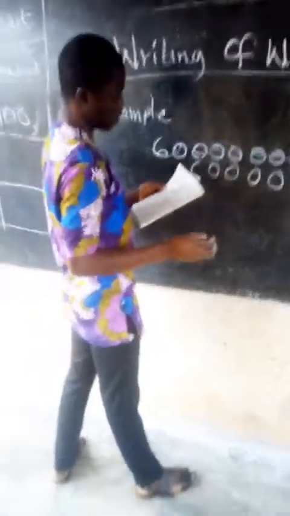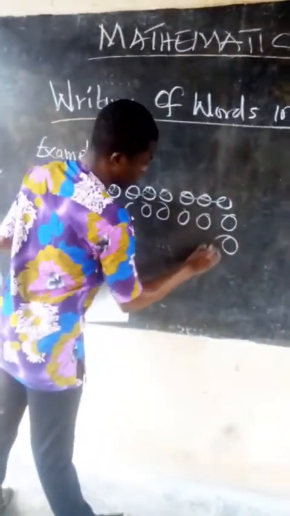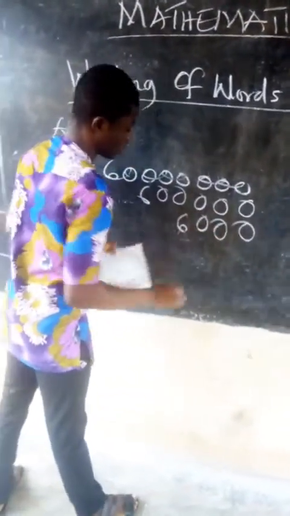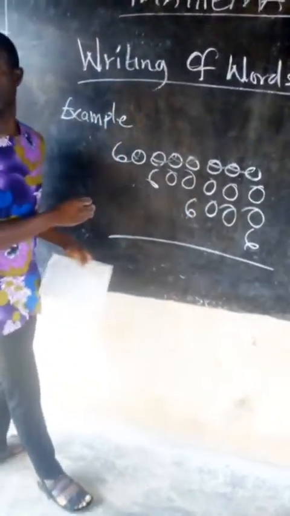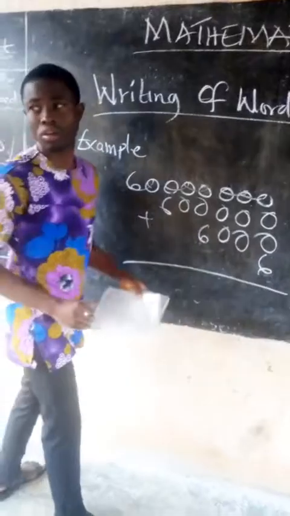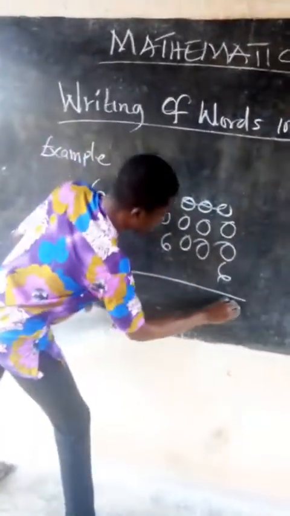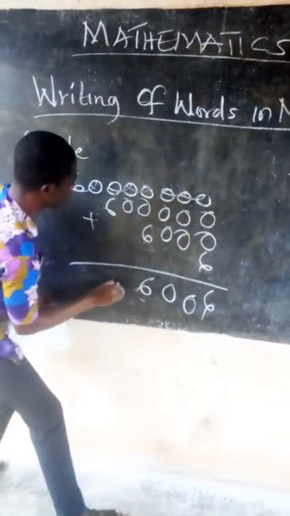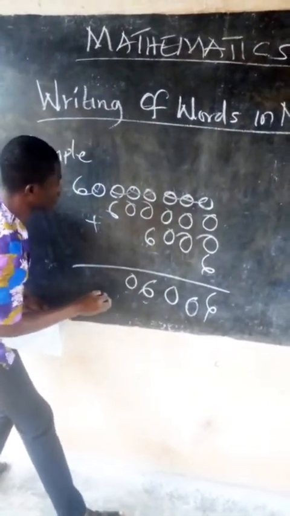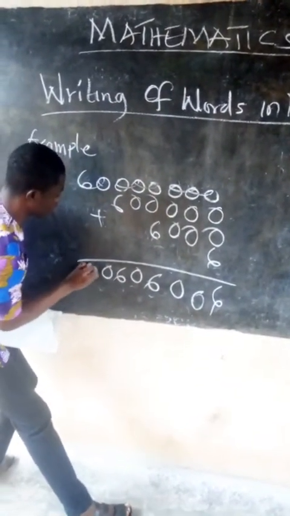We have 6,000. We have 6. 6, 0, 0, 6, 0, 0, 6.